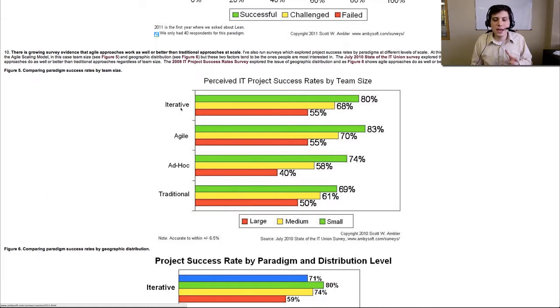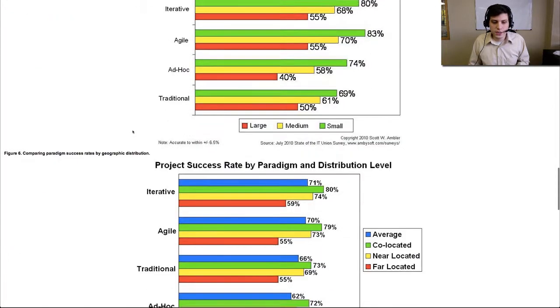And then what we get is we're taking a look at the project success rates by team size. This isn't as important because we have small teams, but it's important to think about it does scale. And it's not just for small projects, it can be for large scale projects where we're constantly delivering on the objectives of an individual sprint rather than an entire project.